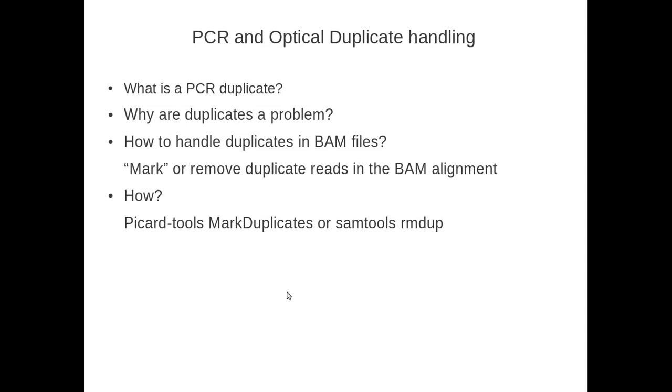So I've explained what a PCR duplicate is, why duplicates are a problem, and how to handle duplicates in BAM files. We mark or remove duplicates in the BAM. We generally have that option. What I'm asking you to do in your alignment pipeline is to simply mark the duplicates.